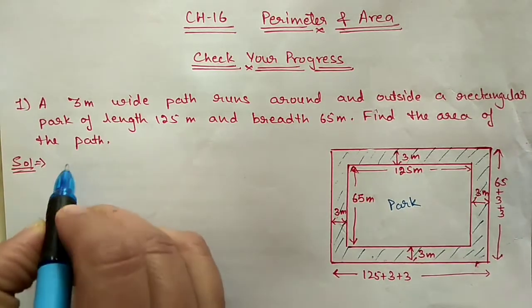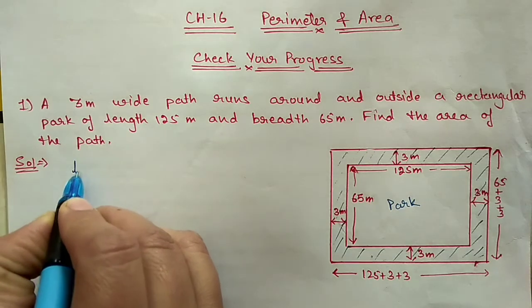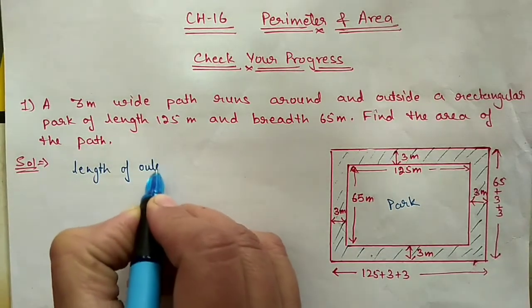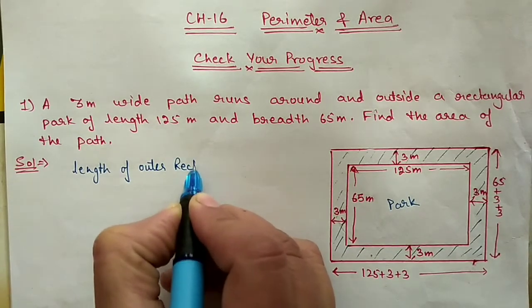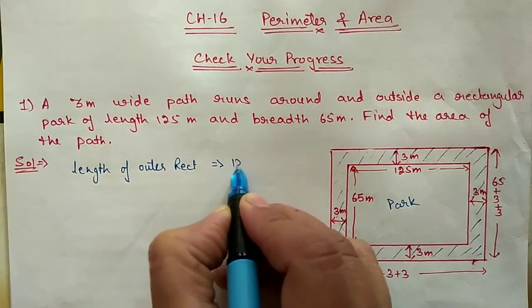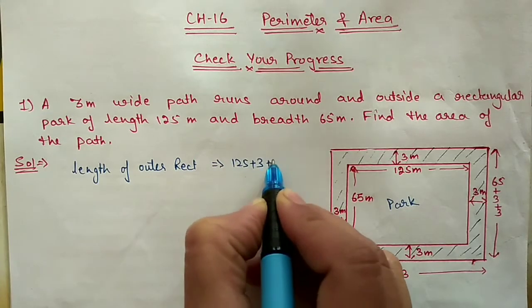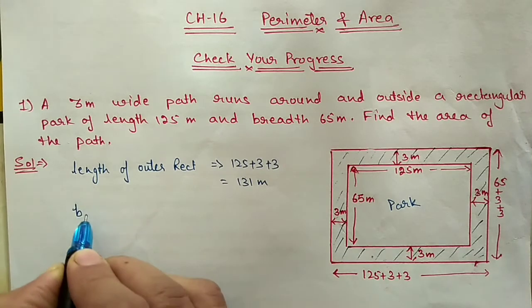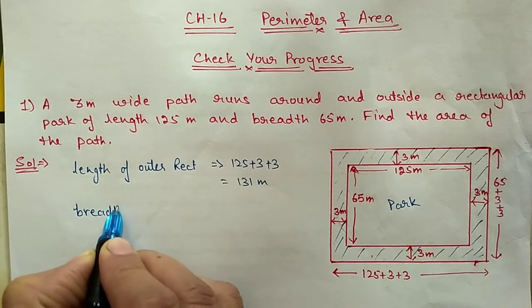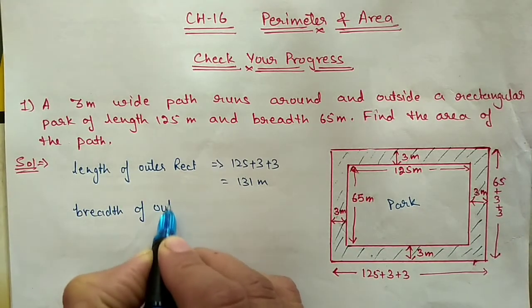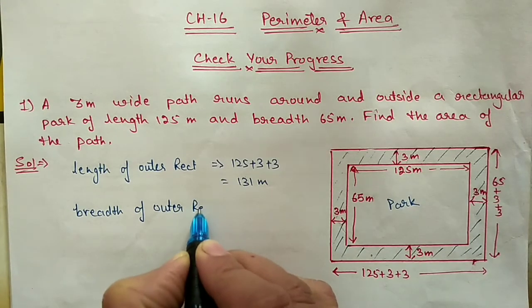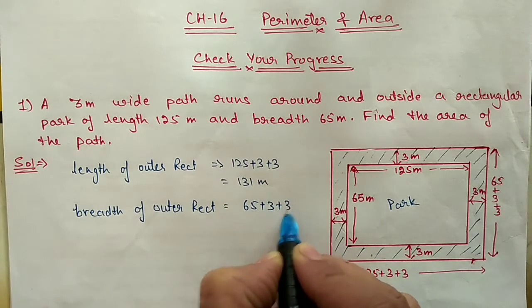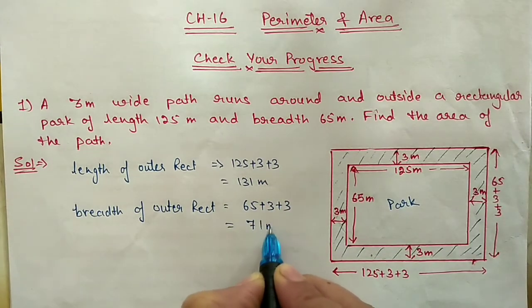So length of outer rectangle equals 125 plus 3 equals 131 meter. Breadth of outer rectangle is 65 plus 3, so it will become 71 meter.